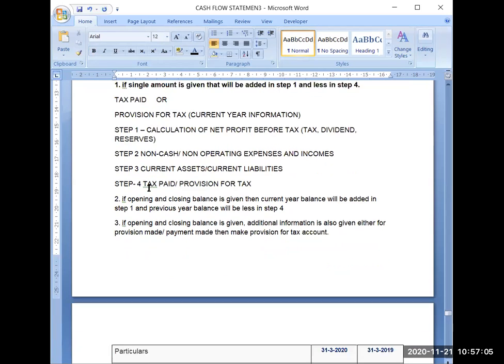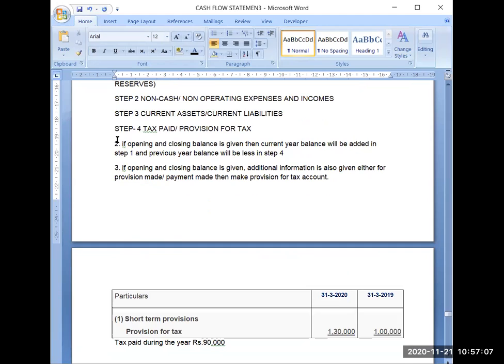Now coming to the second part. In second case, you may get two informations regarding provision for tax. If opening and closing balance is given in the question, then what to do?